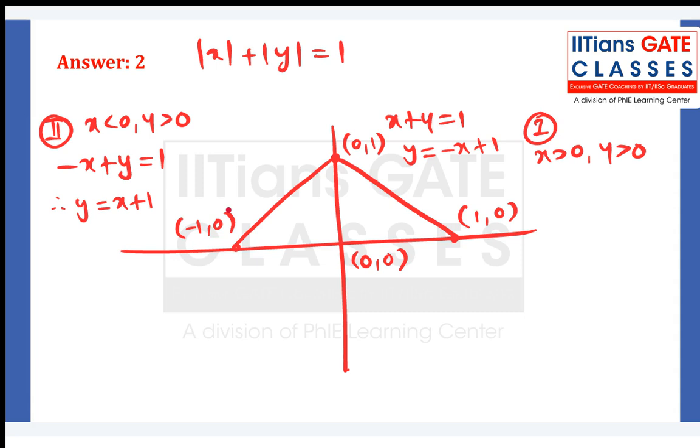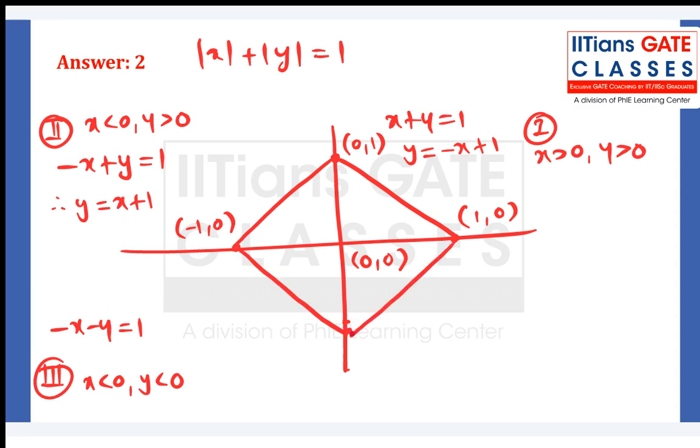Similarly, you are supposed to do this exercise in all the quadrants. In the third quadrant, x negative, y negative, it will be minus x minus y equal to 1, so y equal to minus x minus 1. It will be something like this, and in the end it will be 0 comma minus 1.